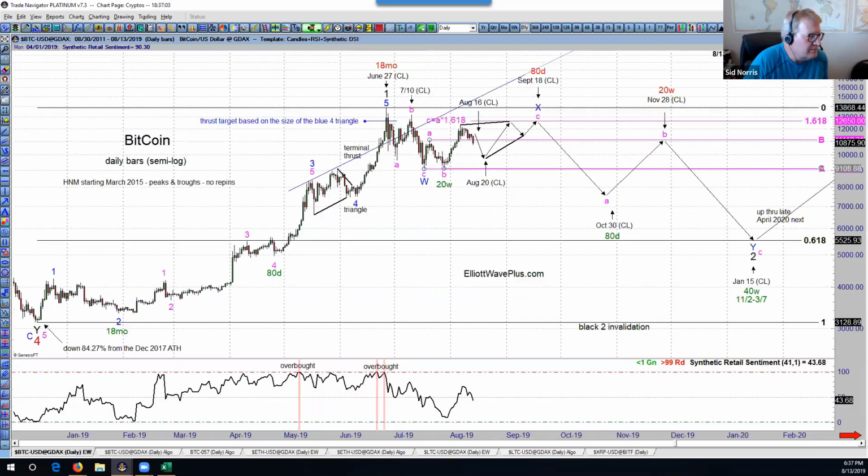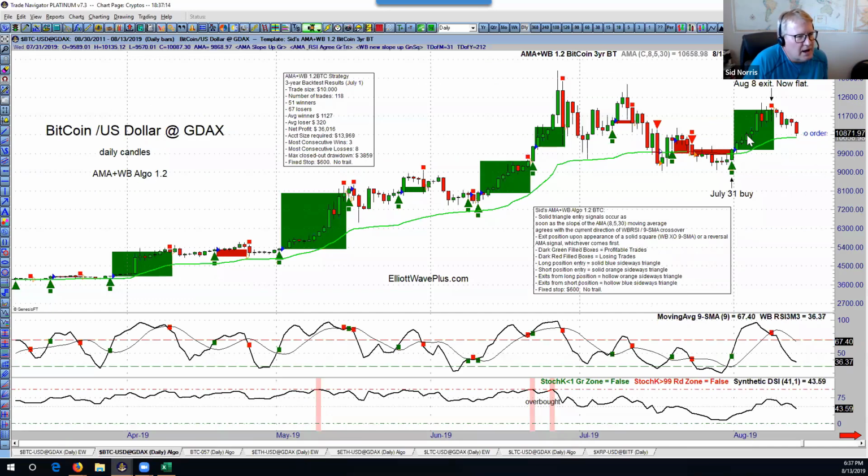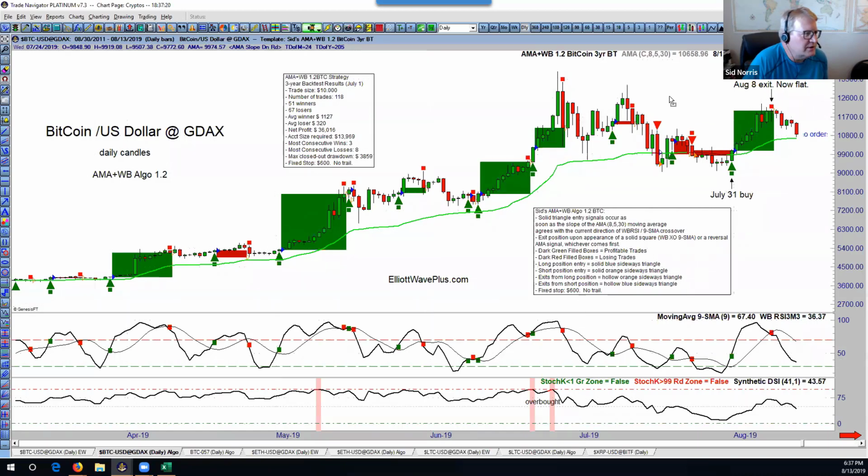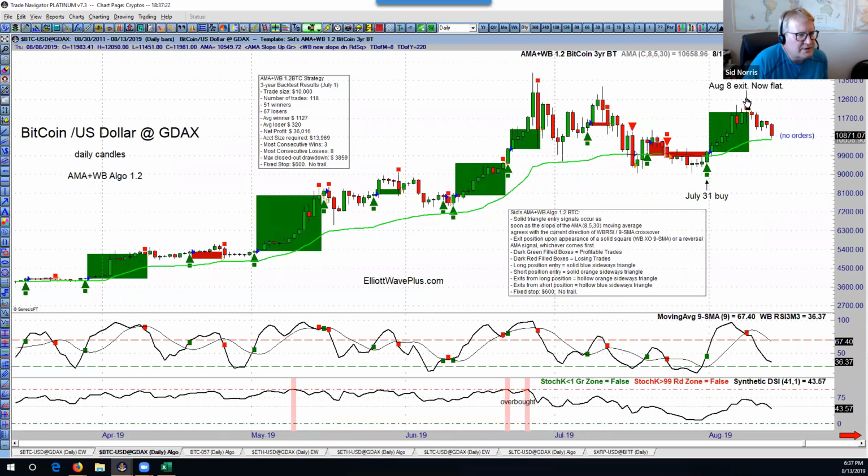And I think on the cryptos, it's especially valuable to look at what I'm expecting on the Hurst and Elliott wave, and maybe consider that this was a really good time to get out of Bitcoin. It suggested getting out of a long position on August 8.